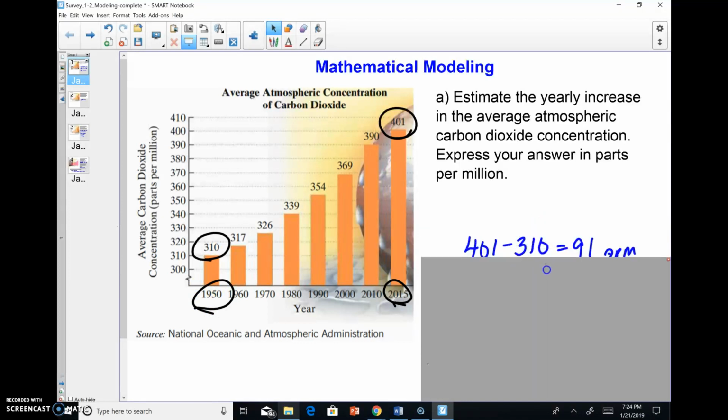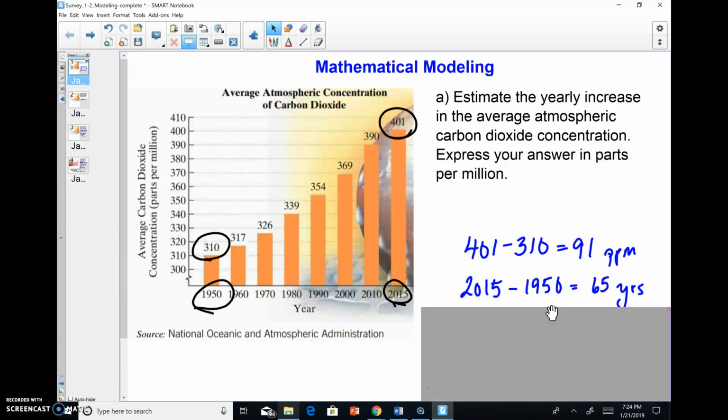So we'll do a little bit of math here. 401 minus 310 gives me 91 parts per million difference over that span of years. Take a difference in the years from 2015 through to 1950. That's a span of 65 years. So take a moment and figure out what is our average yearly change.